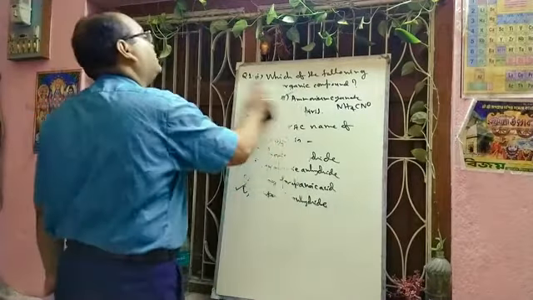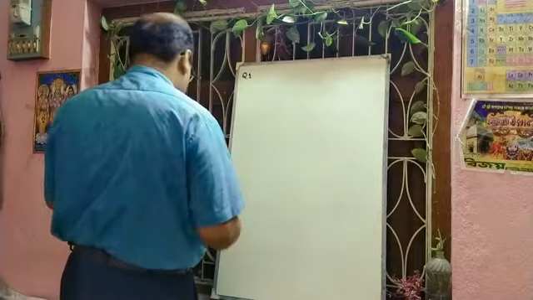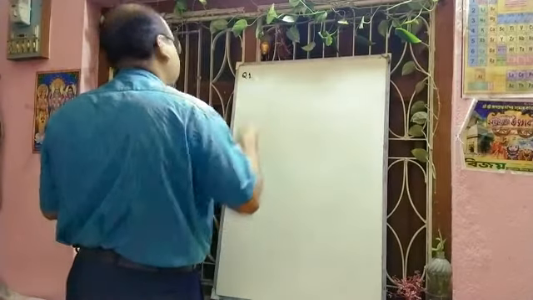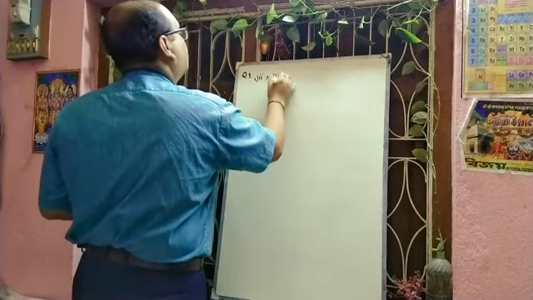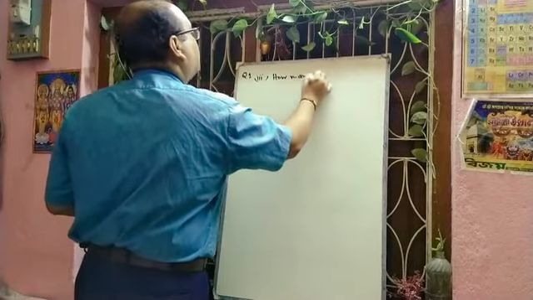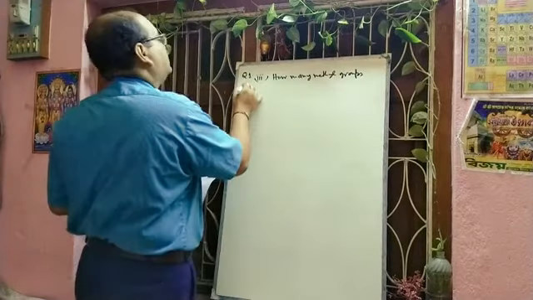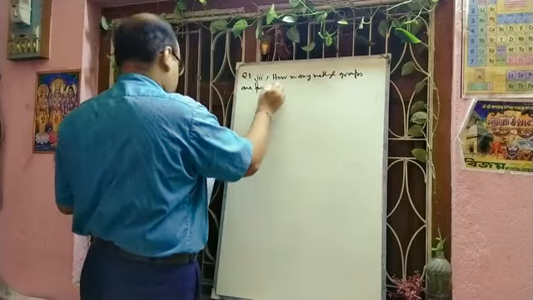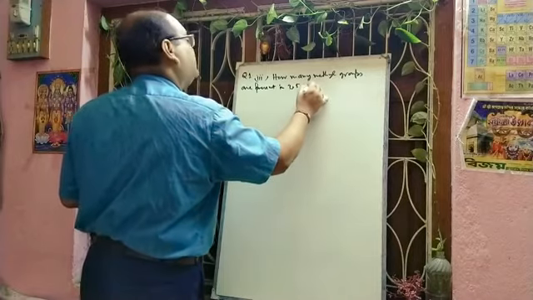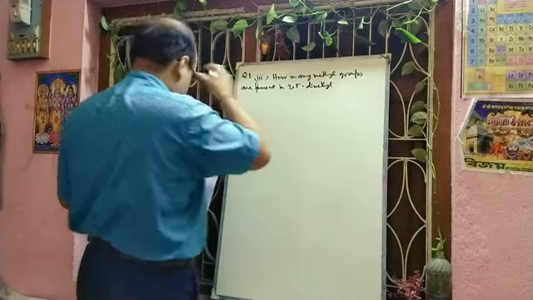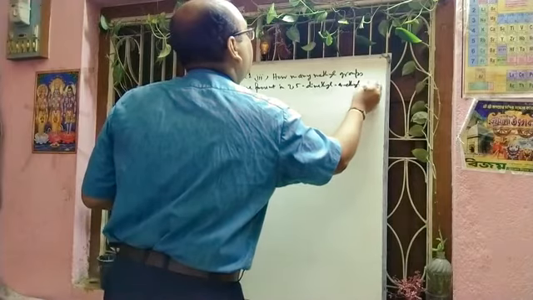Next MCQ, question number 3. How many methyl groups are present in 2,5-dimethyl 4-ethyl nonene?